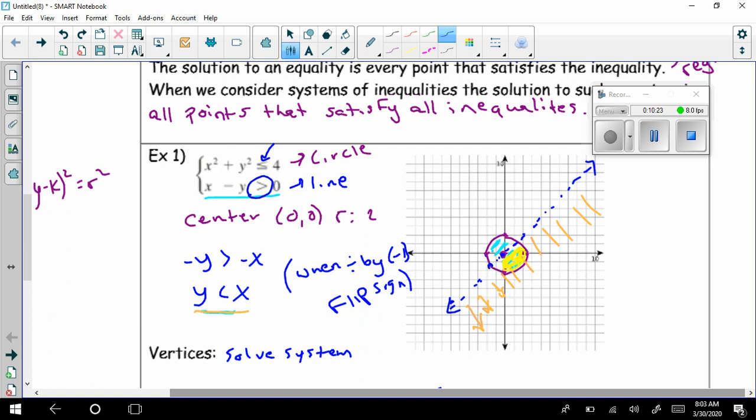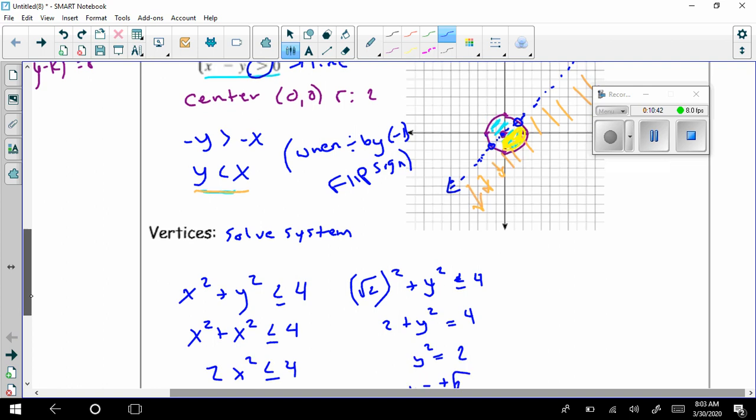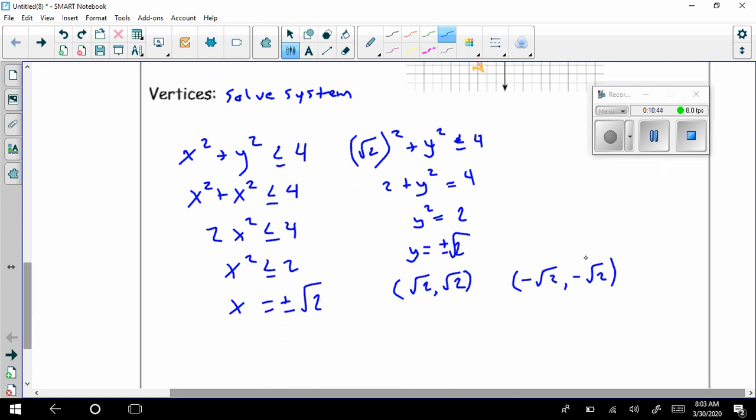So there's an open circle here and an open circle here. Just pretend it's open for me because it's hard to draw. But where those overlap, because one is dashed and one is solid, they would be open circles. Those points are not included in your solution set, but we can still find the vertices to this system. And later on, those will tell you quite a bit about a system.